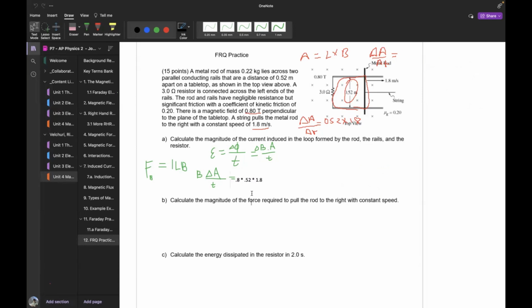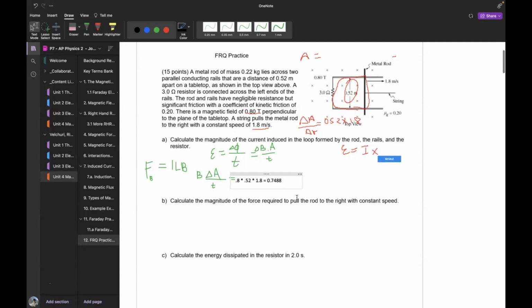So then I have the EMF induced. This is the EMF induced, 0.8 into 0.52 into 1.8. If I calculate that, 0.7488. And EMF induced is equal to current into resistance in the circuit.